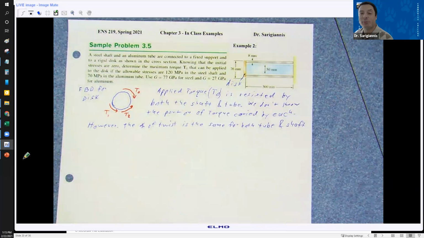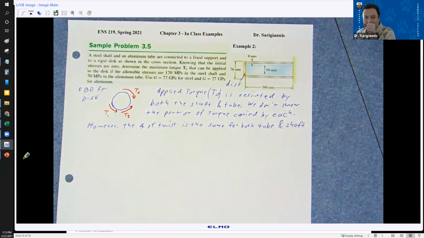Because they're welded to the plate, we know that the angle of twist is the same for both of those. The assumption here is obviously that the weld is not going to crack, that they're both seeing the torque T naught, and they're both being twisted.